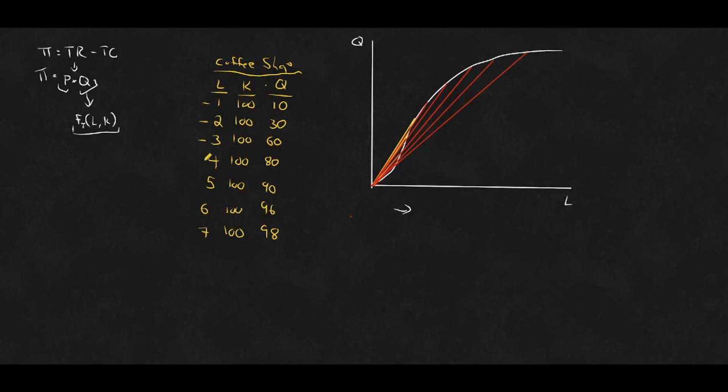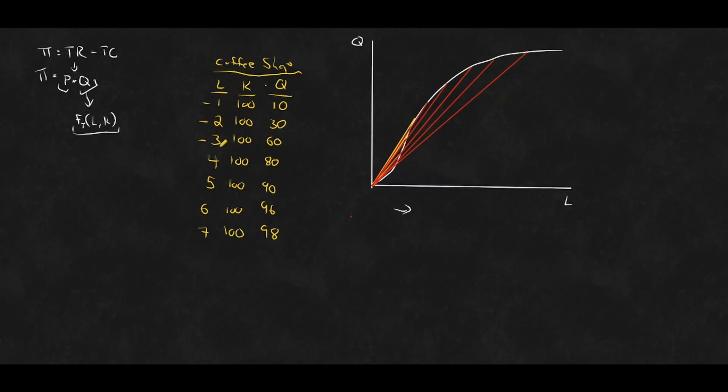Again, what I want you to see is, yes, as we keep adding more and more workers, we're able to produce more and more output, but we're having this decreasing rate. That is, if we take a look at our production function, we're starting to flatten off here. We're not getting that big boost in output for the additional worker like we used to.